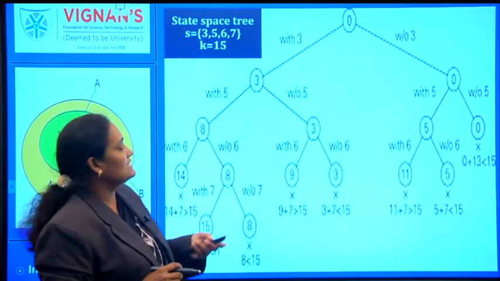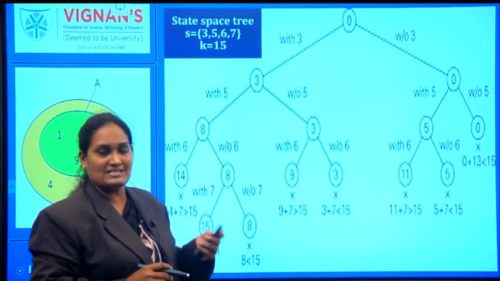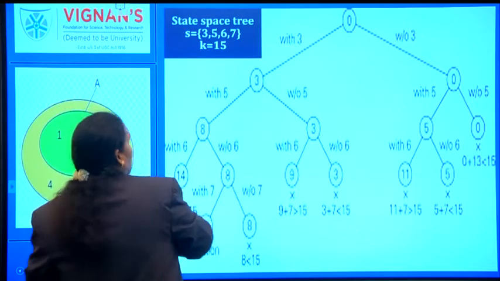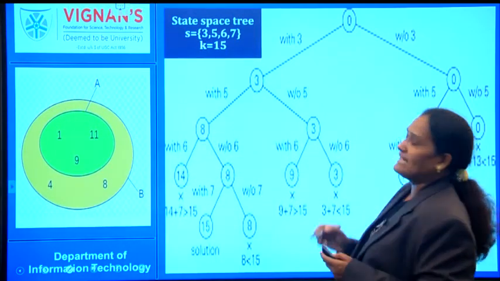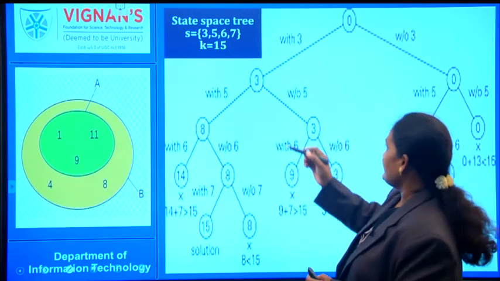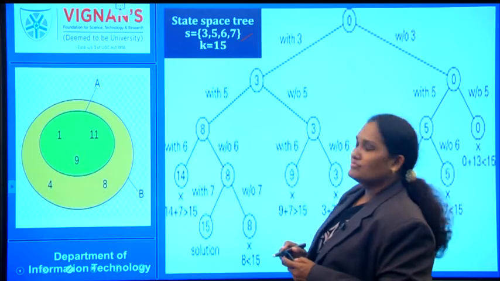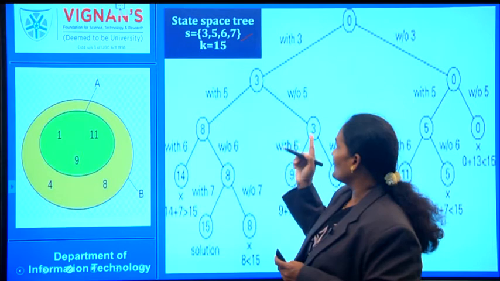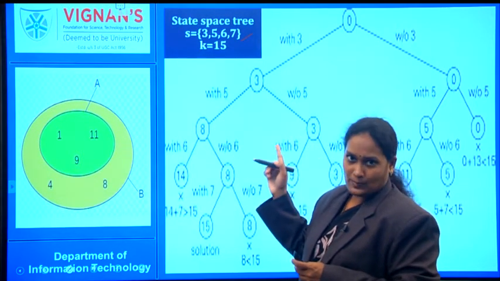Now coming to the state space tree, how to construct a state space tree for solving this sum of subsets problem? I am going to explain the construction of the state space tree by taking an example. Let us see, the given set is S equal to 3, 5, 6, 7. There are 4 elements, all positive integers and with no duplications.